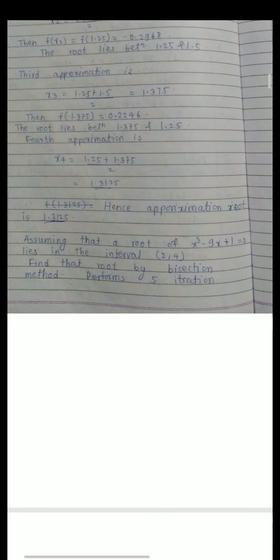Sometimes they can give the interval in which the root lies, and up to which iteration we have to work. Here they have given that perform 5 iterations, and our root lies between the interval 2 and 4. In that example, how to solve such a kind of example, we are now going to look at this.